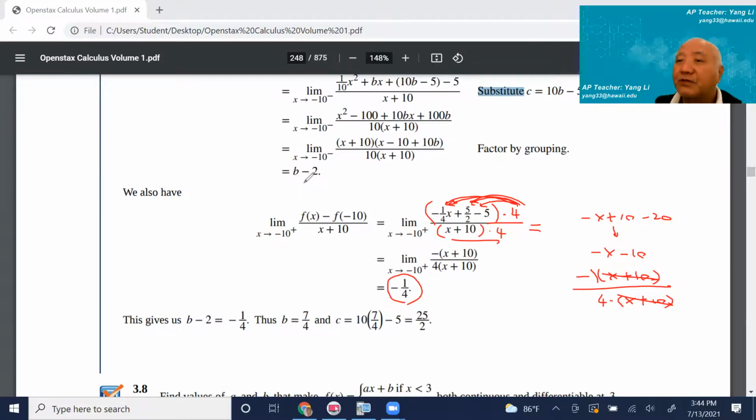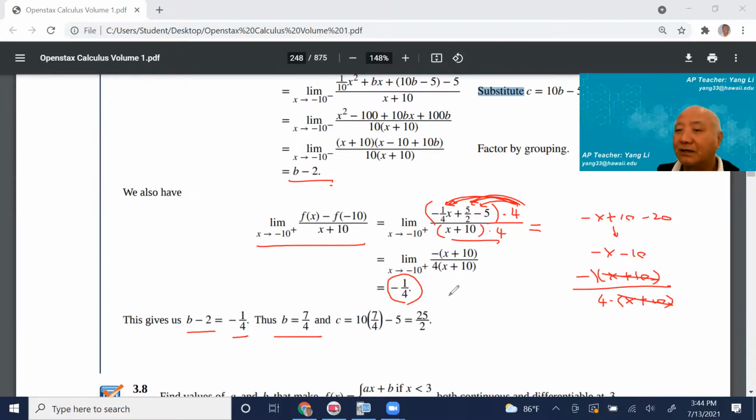Now, we knew this function must be differentiable at x equals negative 10. That means the right derivative should be the same as the left derivative. So that means you have the equation b minus 2 equals negative 1/4. And then you add 2 to both sides, you can get b equals this one. So when you got b equals this one, you can use this given condition, c equals 10 times b minus 5, you can get this one.